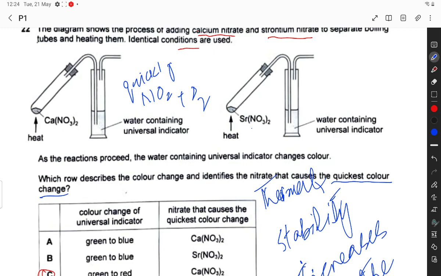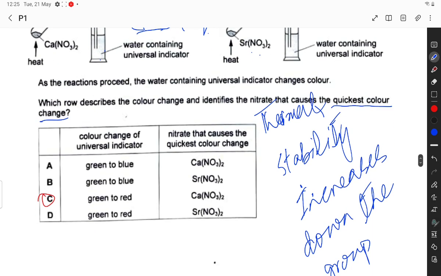So calcium nitrate quickly decomposes to form nitrogen dioxide and oxygen gas, and nitrogen dioxide is a brown colored gas, and water containing universal indicator changes color more rapidly than with the strontium nitrate, because strontium nitrate comes after calcium nitrate in group 2, so strontium nitrate is more stable than calcium nitrate. Green to blue is not correct. Green to blue is also incorrect.